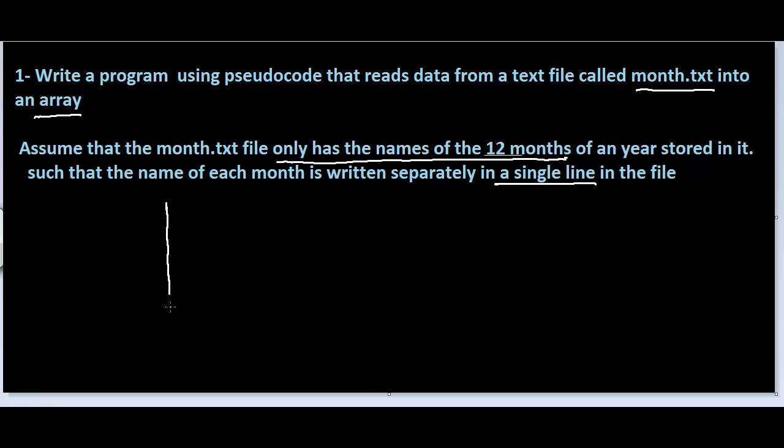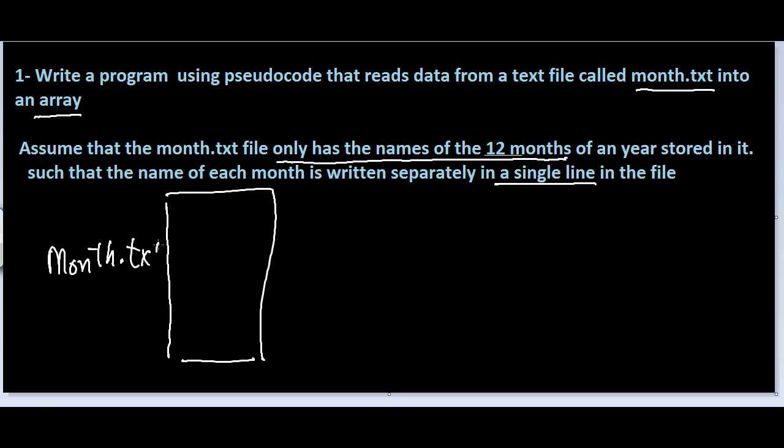So we're going to have a file, right, month.txt, and within this file we're going to have Jan, Feb, March, April, May, all the way up till December.